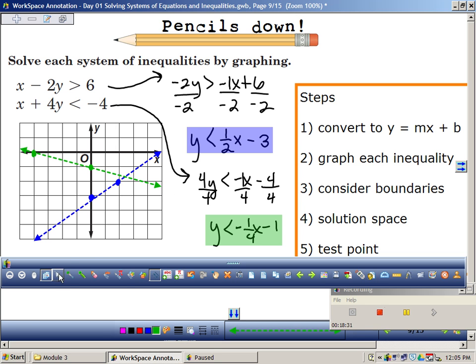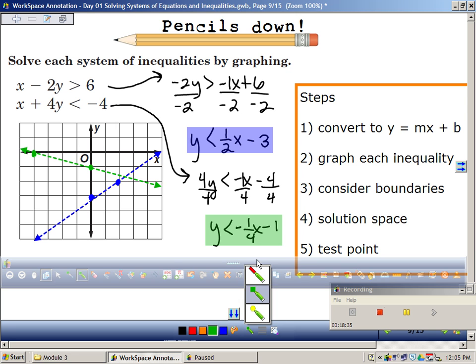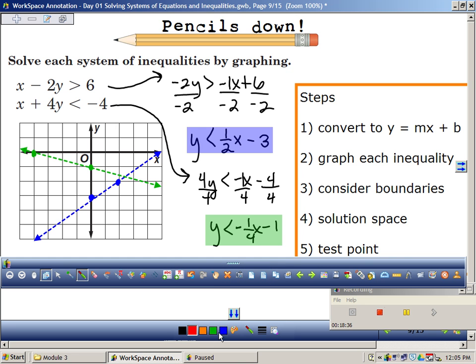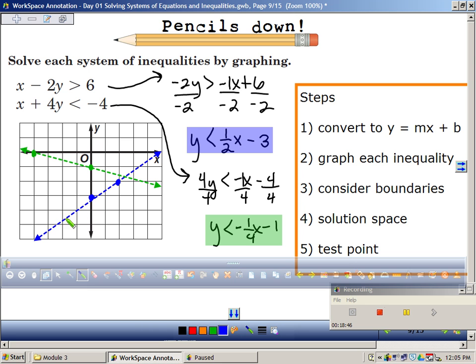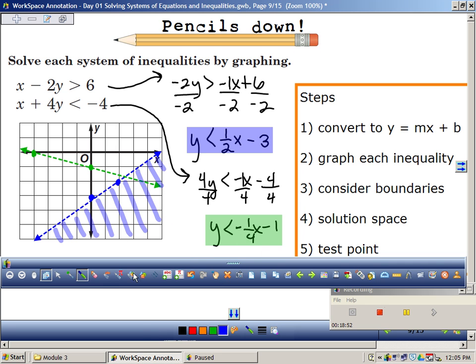All right, now I'm going to do my shading. I think I'll shade with this instead. Okay, let's talk about the blue line first. If I'm standing on the blue line, am I going to stand up into the clouds or down into the clouds? Down. It's less than. So I'm going to shade down from the clouds. And the green one, when I'm standing on the green line, am I going to shade above the clouds or below in the clouds?